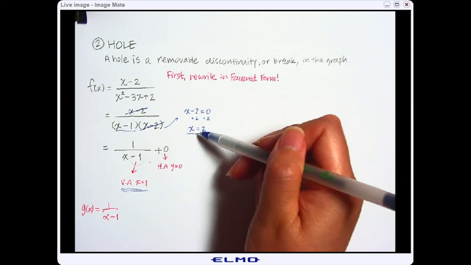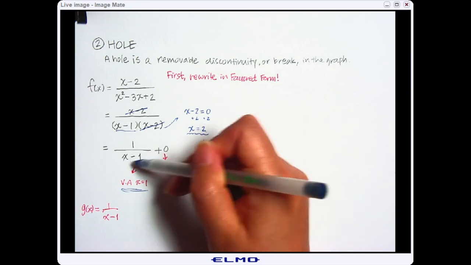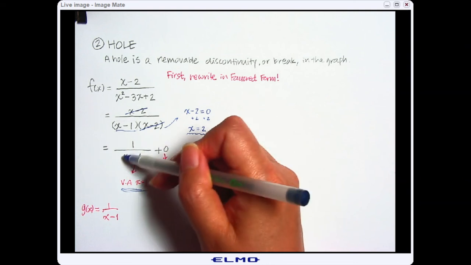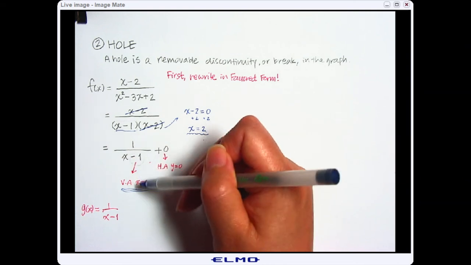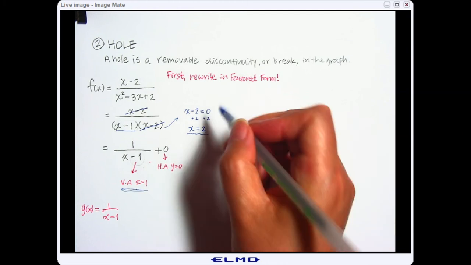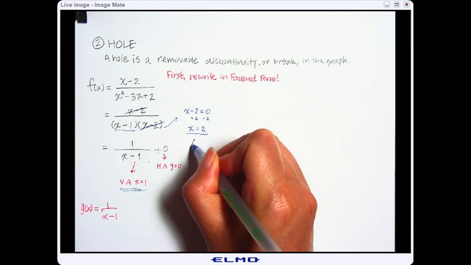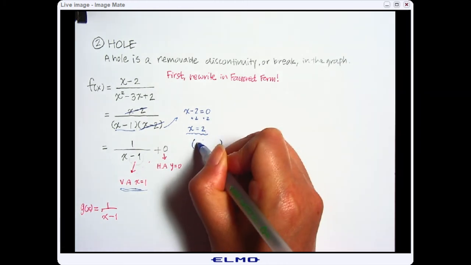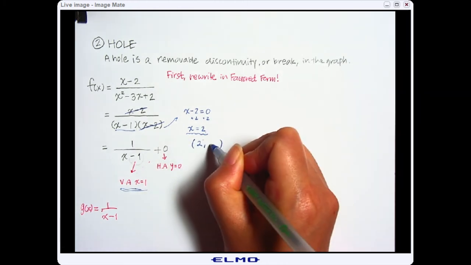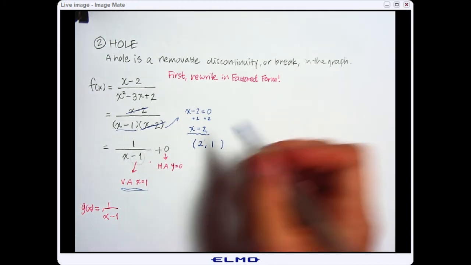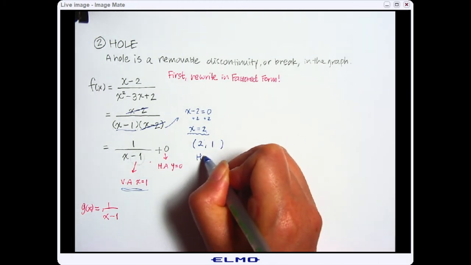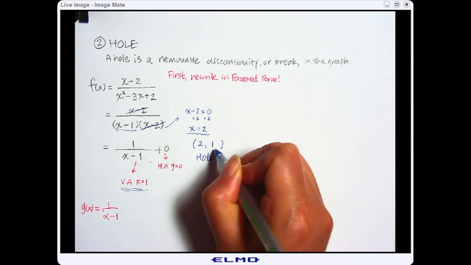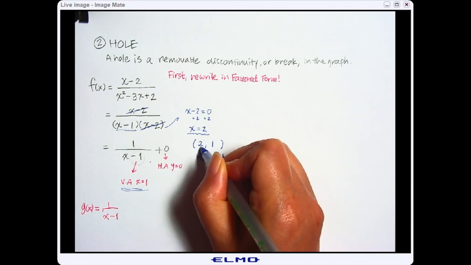So imagine that you plug 2 in here, so it's 1 over 2 minus 1. So 2 minus 1 is 1. 1 over 1 is 1. And then it's going to have 1 there. So then x coordinate 2 will get you y coordinate 1. But this is the hole. There's a hole at 2 comma 1.